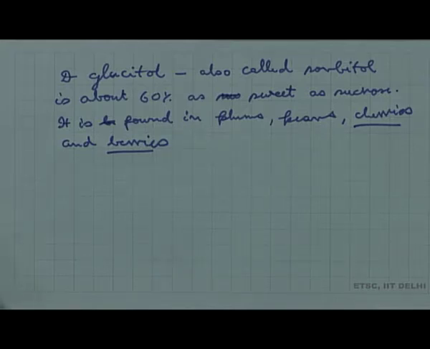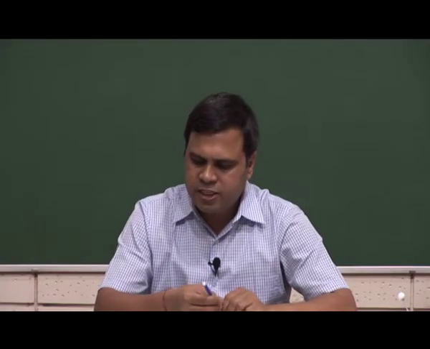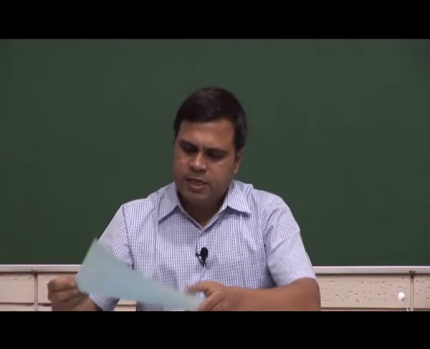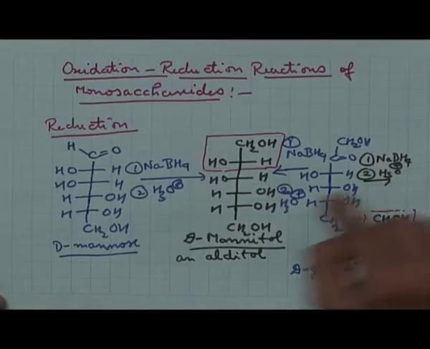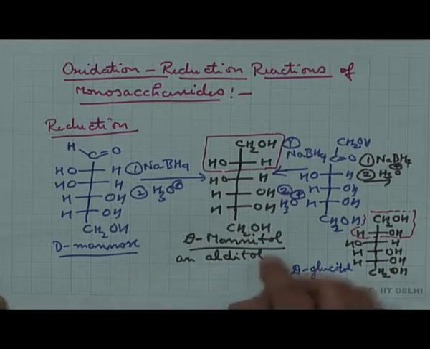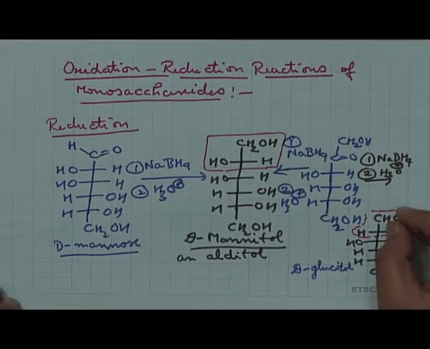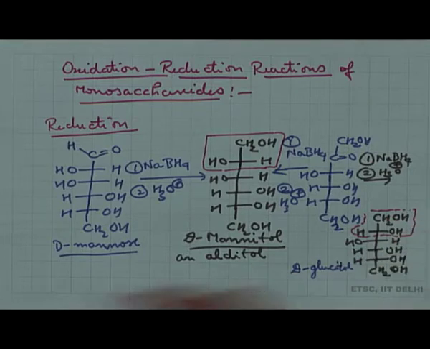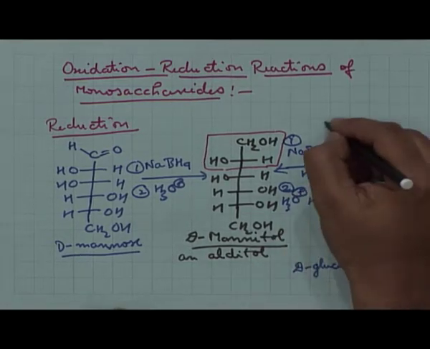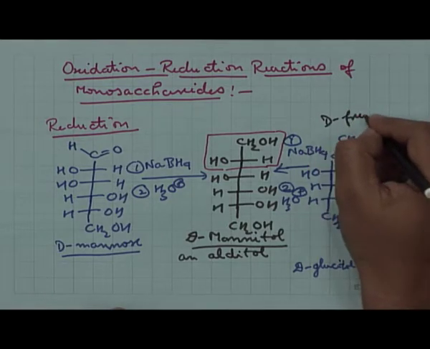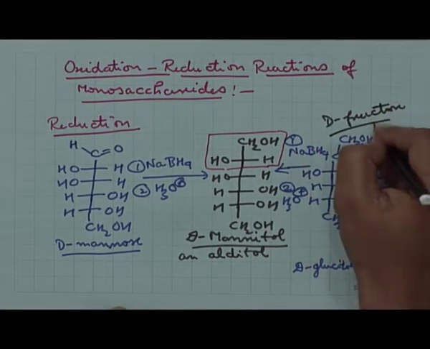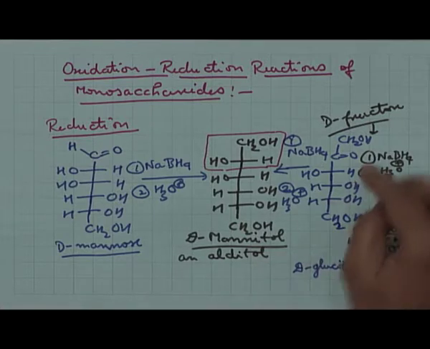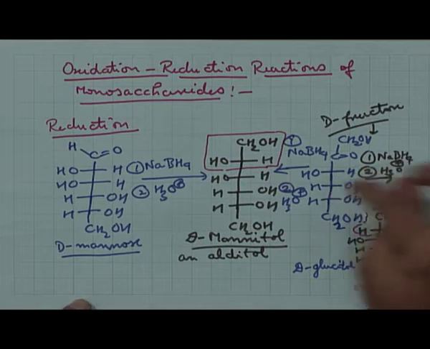Now, let us talk about the oxidation reaction. We discussed reduction. In the reduction, we saw that mannose can get reduced to mannitol, whereas if we start with the ketohexose D-fructose, it will give a mixture of products.